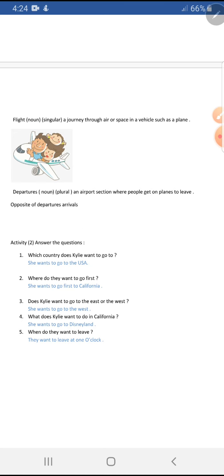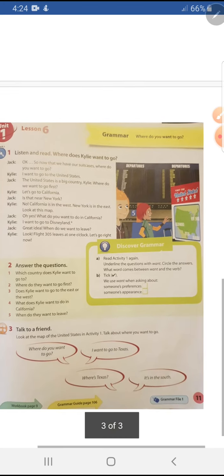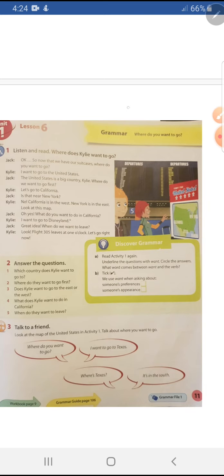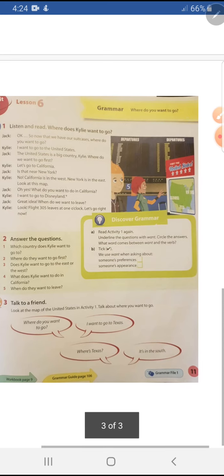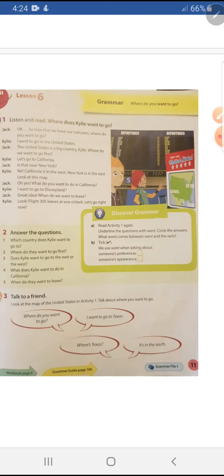Okay, now let's move to discover grammar. Also we have the yellow box grammar. Where do you want to go? Discover grammar. Read activity 1. Underline the questions with want. Circle the answers. What word comes between want and the verb?